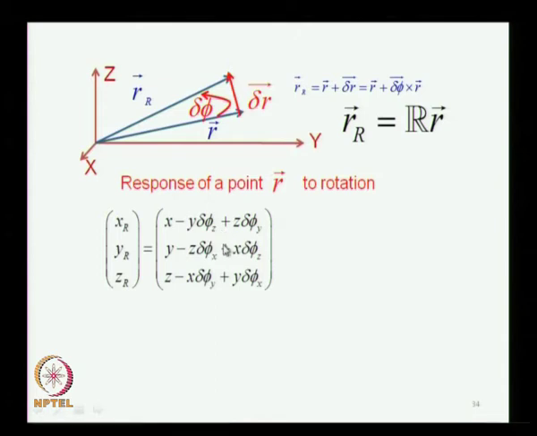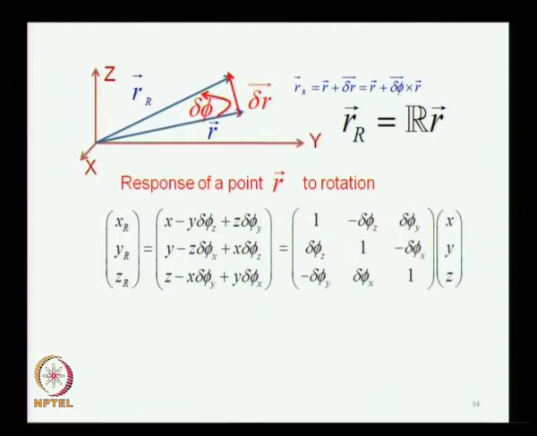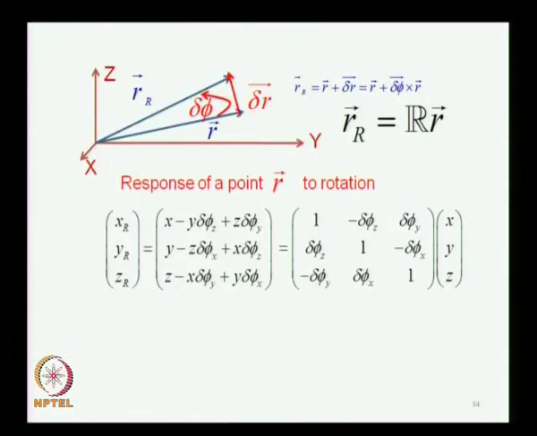You can also write this as a matrix operator operating on the original position vector. So xyz is the original position column vector, and if you pre-multiply by the matrix that you see, then the matrix multiplication rule will give you the new vector. So you can express this also as a matrix operation.